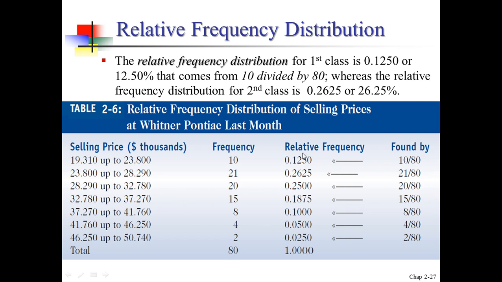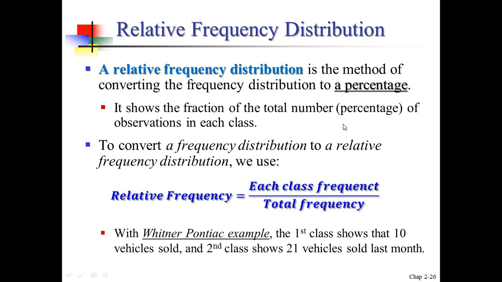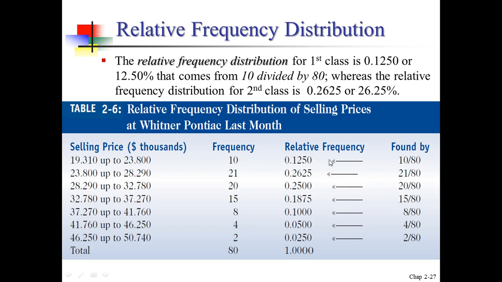This is called relative frequency. For the second class, take the second class frequency divided by the total. This is a proportion, not a percentage. How to get a percentage? Just multiply by 100. That's why this could be a decimal number or a percentage. This is a decimal number. When you add all of them together, it must equal 1. 1 is 100%.